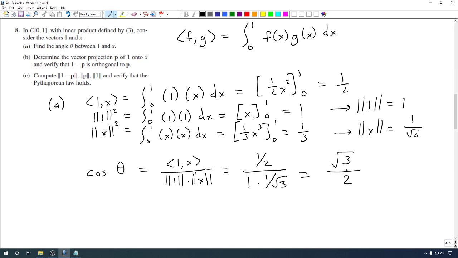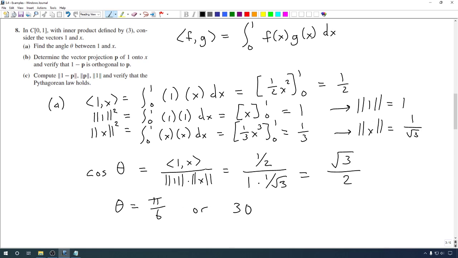So now we actually have to think about what theta gives a cosine of root 3 over 2. And specifically, we're only looking at angles between 0 and 180 or 0 and pi, depending on which one you want to use. And I'm not going to be too picky about that. So the only angle between 0 and pi that gives you a cosine of root 3 over 2 is pi over 6.